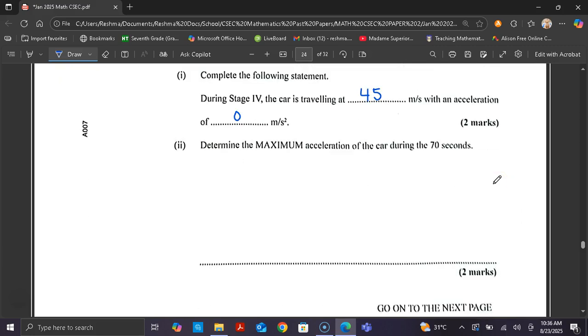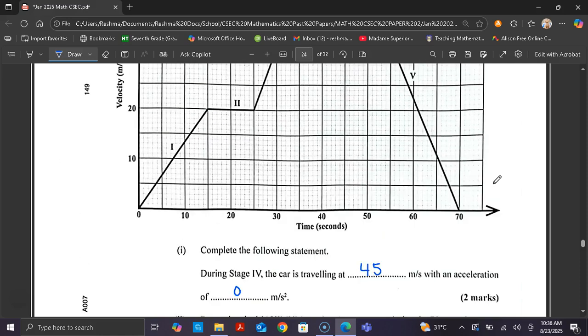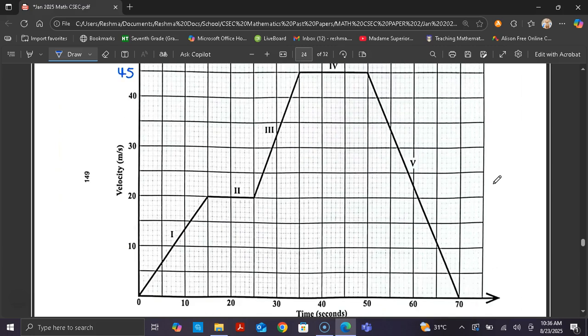So let's look at part 2. Determine the maximum acceleration of the car during the 70 seconds, for 2 marks. Notice they put the word maximum in capital letters. Now, let's look at the stages when the car is accelerating. Since this is a velocity-time graph, we know acceleration is given by the gradient of the graph.